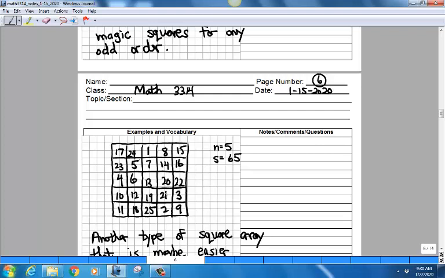So what you're claiming is that to be a perfect cover, we have to have an even number of squares, right? Yeah.